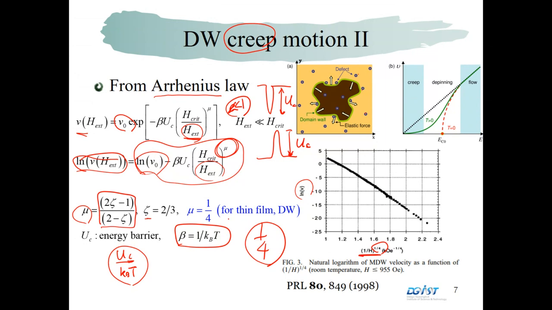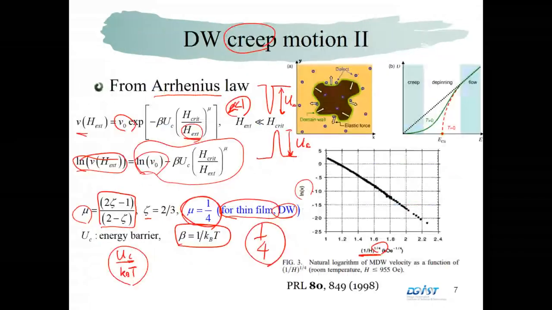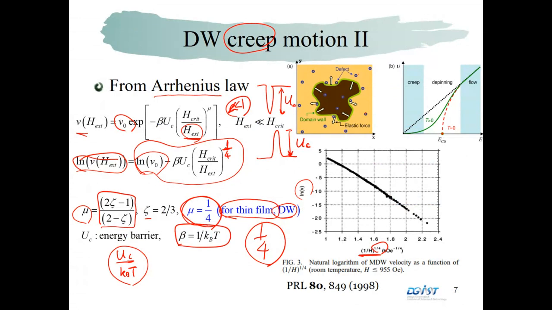So for a thin film and a domain wall, we have a mu value of 1 over 4, one quarter, and that's why we have it here.